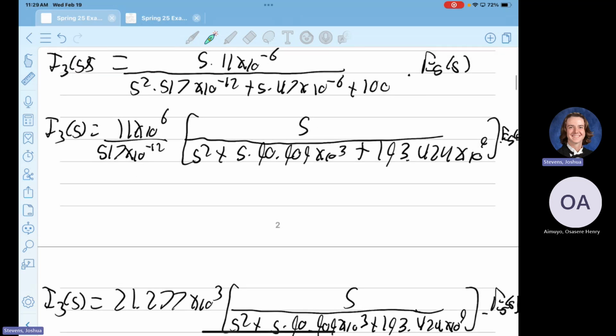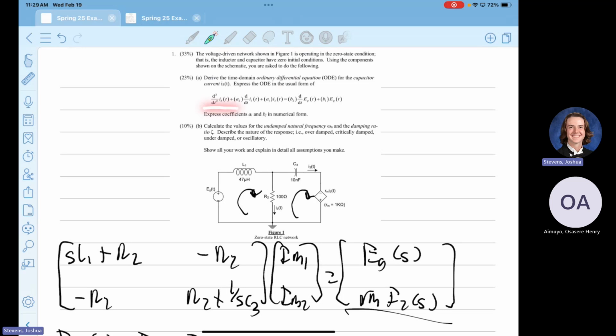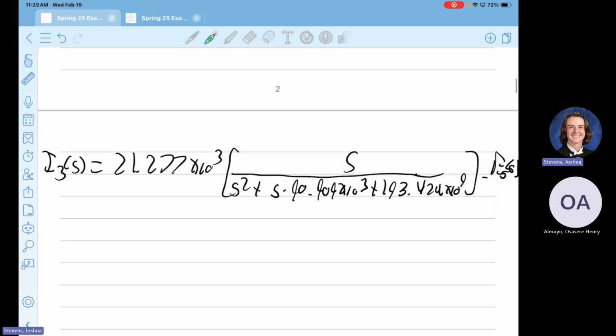Because of this, I want to get just one giant number. Currently I have my current on the left equals a fraction times my voltage. Well, I'm going to just multiply by my denominator, going like that.